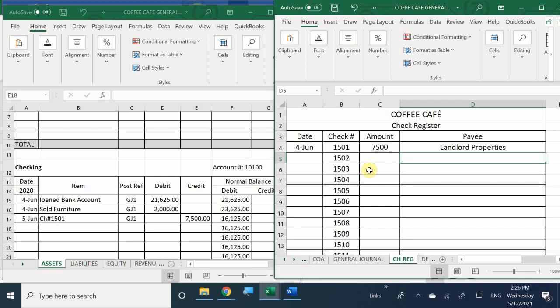This is where our books say that, hey, we cut a check out. But when the bank receives it, now we got to determine, did landlord properties deposit that check? In our books, we said they did. Because, in our books, we want to make sure that we always have enough money to pay for everything, right? You don't want to cut a check out if you don't have money in your bank account.